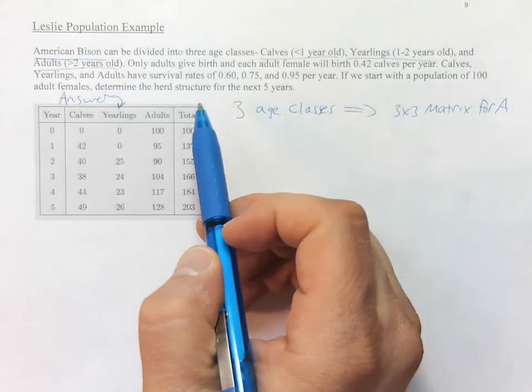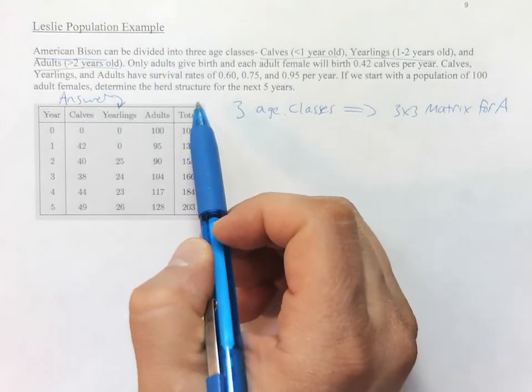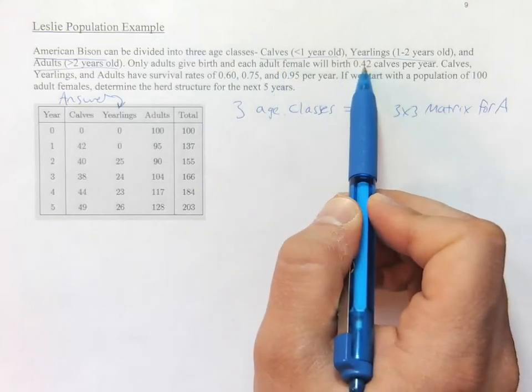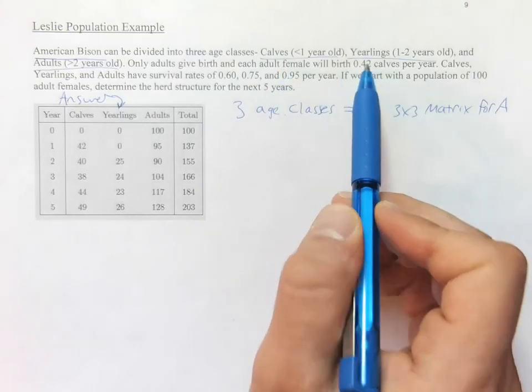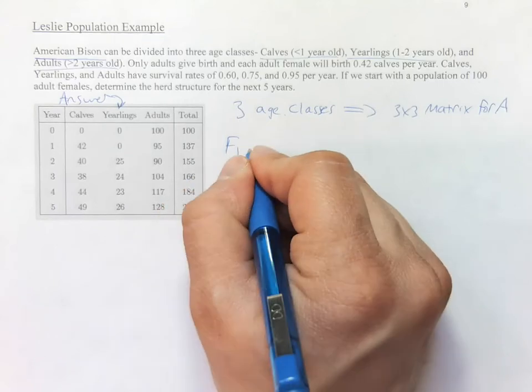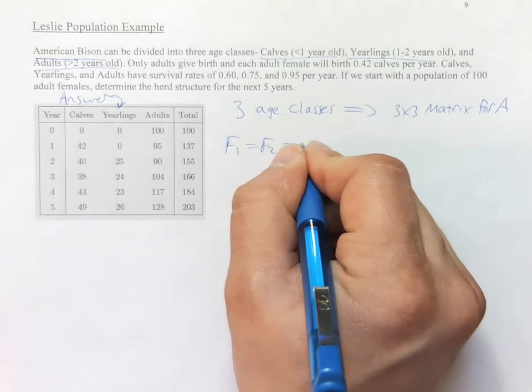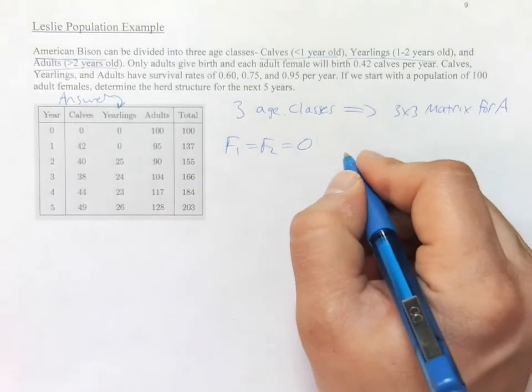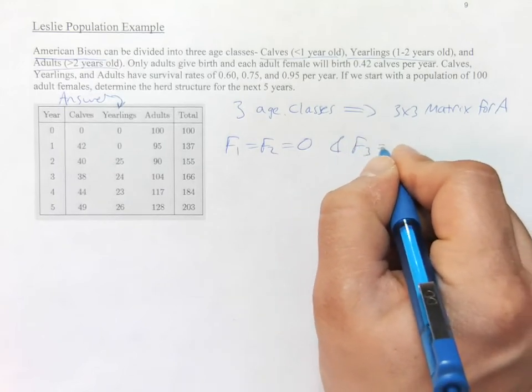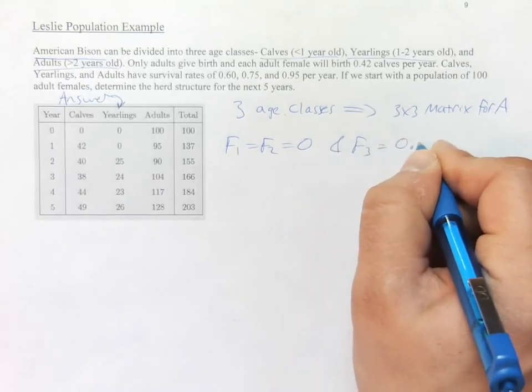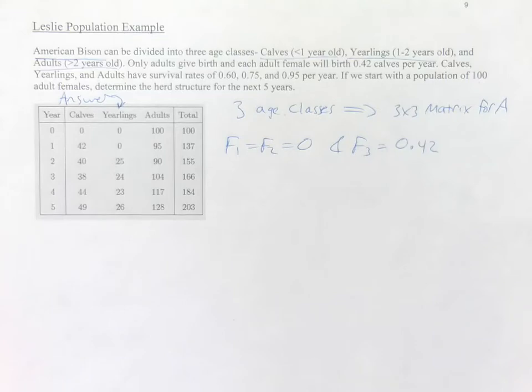We're being told that the birth rate of adult females is 0.42, but the other classes don't give birth. So class 1 and class 2 equal 0, but the adults give birth at 0.42 calves per year. That's going to be the first row of our matrix.